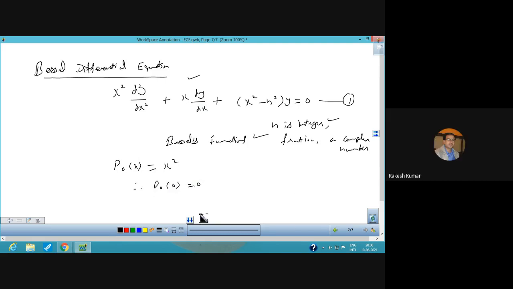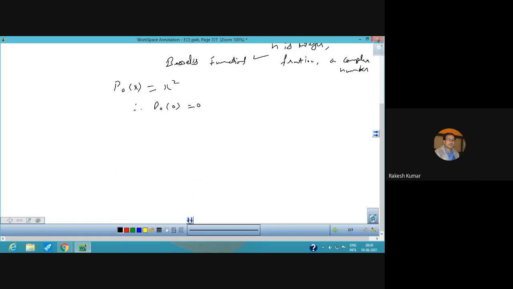And in the case of a regular singular point, we shall apply Frobenius method for finding out the solution in series.